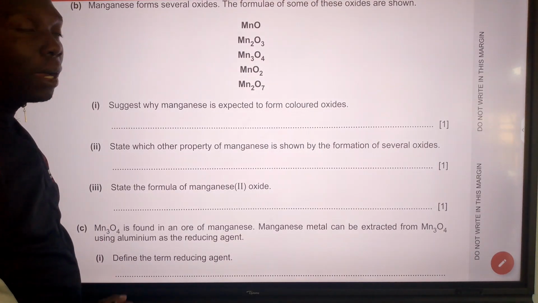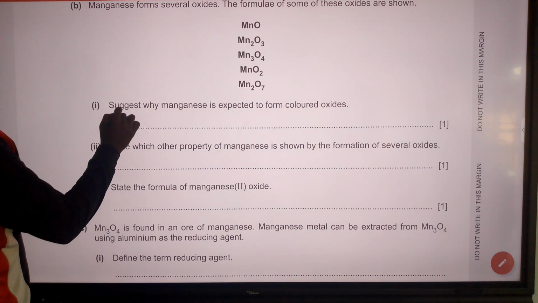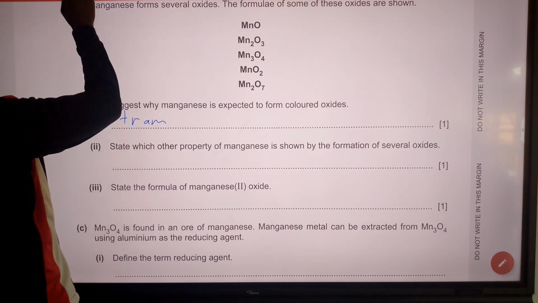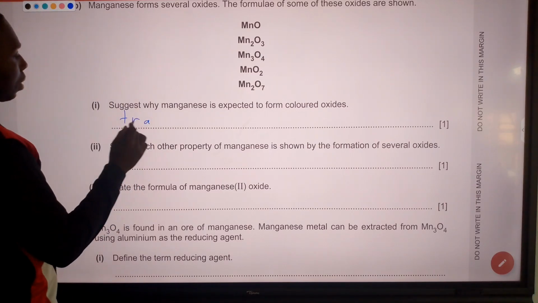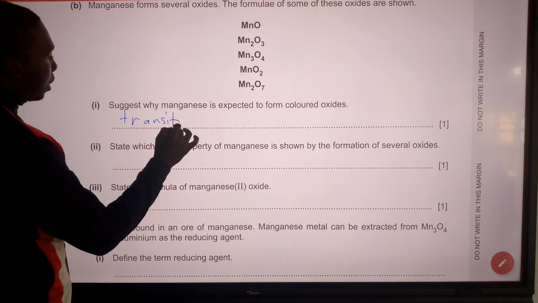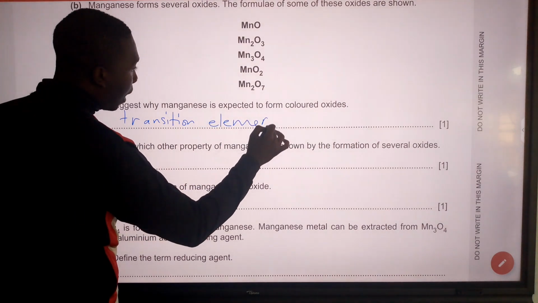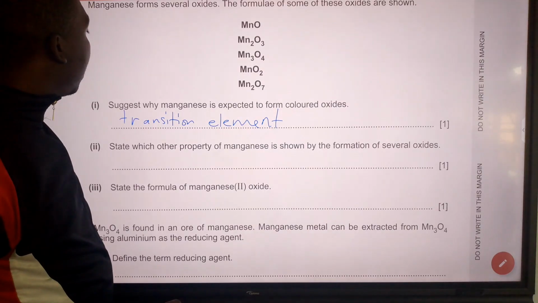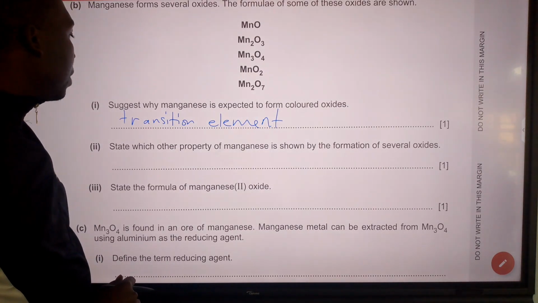The reason why manganese is expected to form colored oxides is because it is a transition element. This is why it is expected to form colored oxides. Transition elements or transition metals usually form colored compounds.